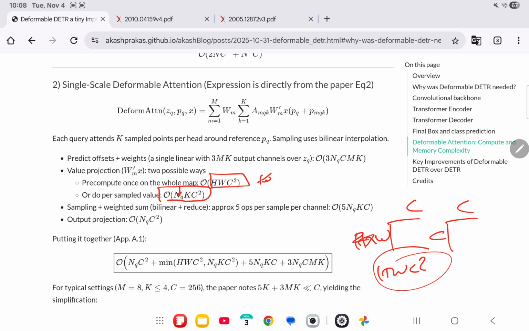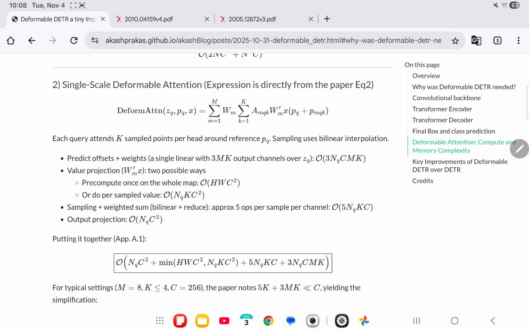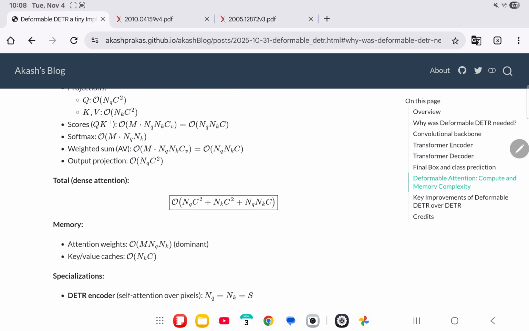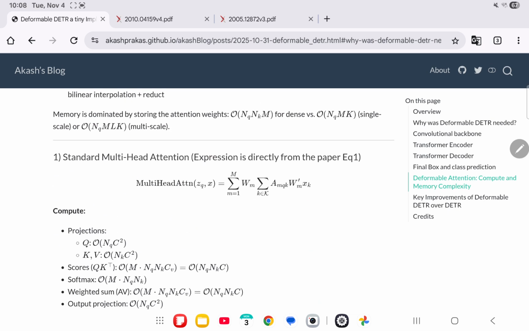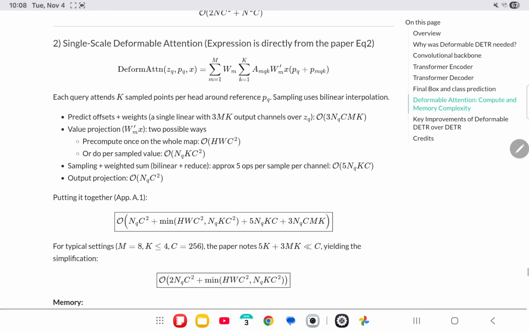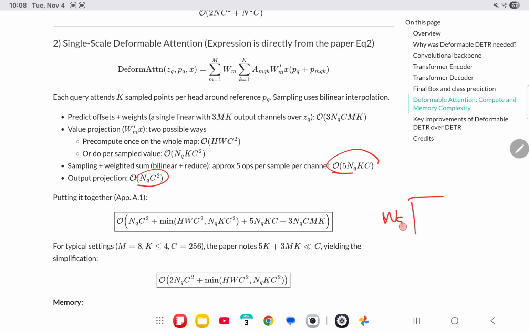And this one we have discussed above, how it comes as 5. So the same comes here as 5. And the output projection is also, we have NQC, and we have C comma C, so it will be NQC square.